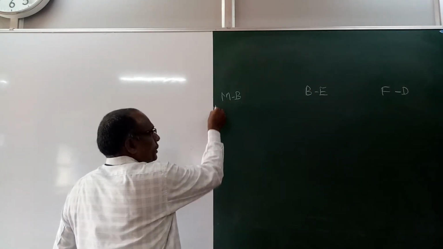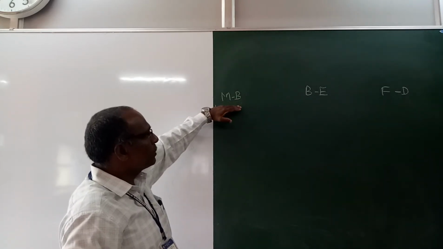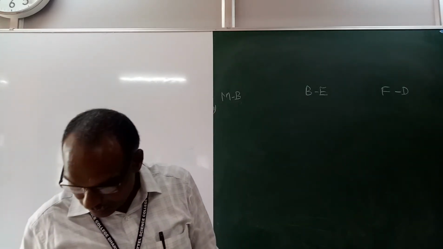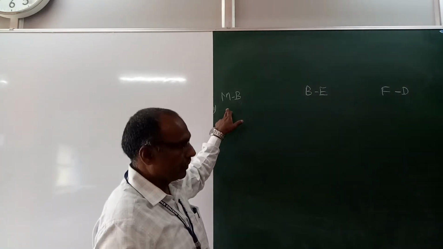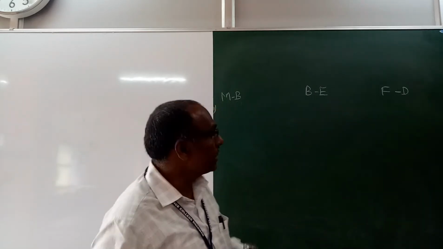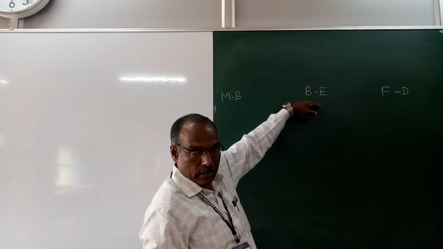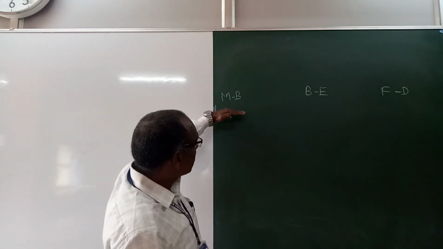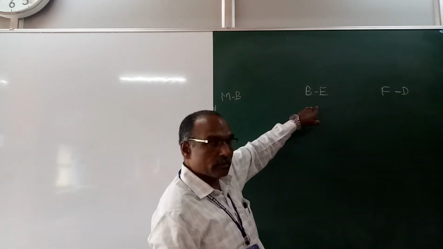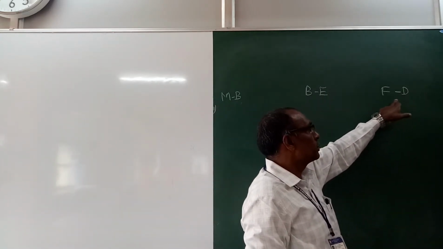Number 1 point here. In classical statistics, or Maxwell-Boltzmann statistics, the particles are identical and distinguishable. In the other two statistics, BE and FD, particles are identical but indistinguishable. Examples of particles: here molecules of the gas, here helium or photons, here electrons, neutrons, protons.